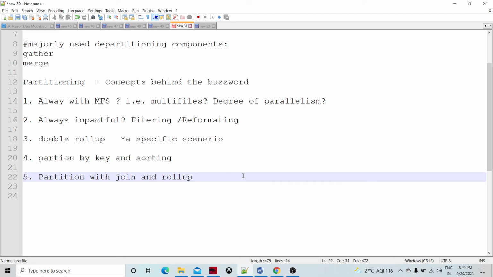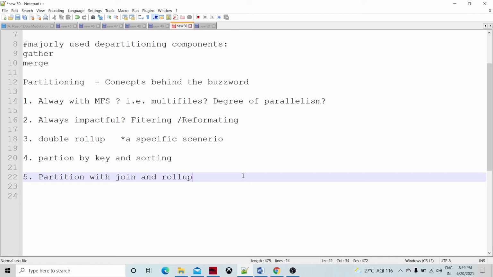So join and rollup or scan or other key based processing: if we want to run these components in parallel, we need to partition the data by a certain key, because these are key based components. For a particular partition, all the records having the same group go into the same partition, and then the operation happens based on that key.